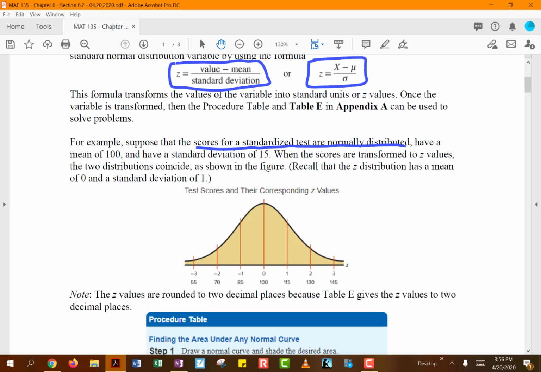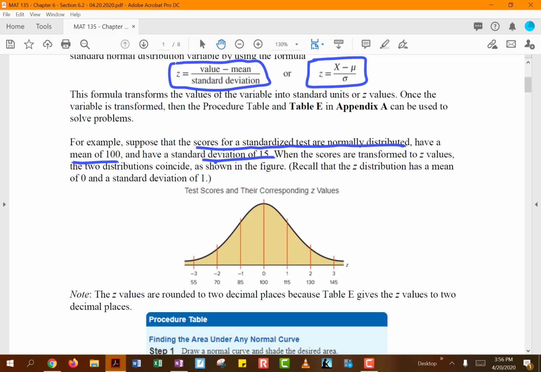They are saying one of these standardized tests has a mean of 100 and a standard deviation of 15. So if these values are given to us, then basically we will need to find out what the z-score is going to be for any data value that we are looking at in this example, and of course transform that into your standard normal distribution value, right?